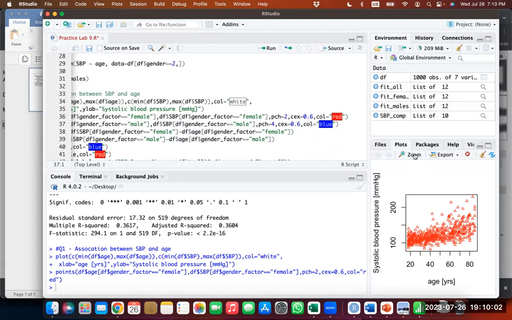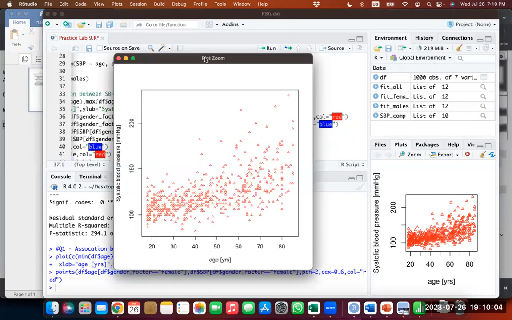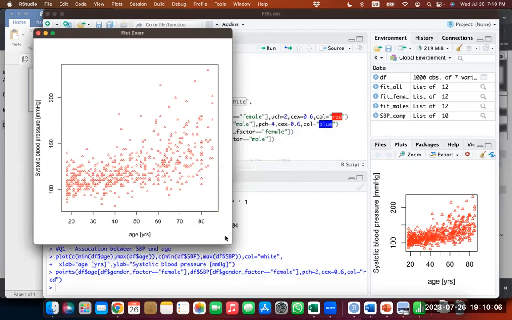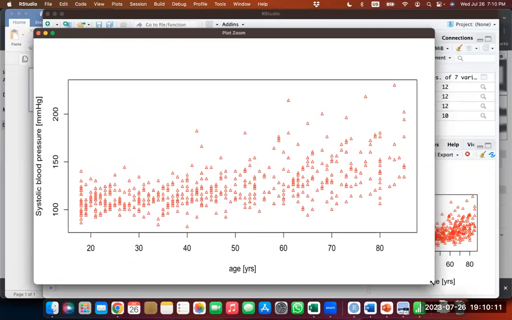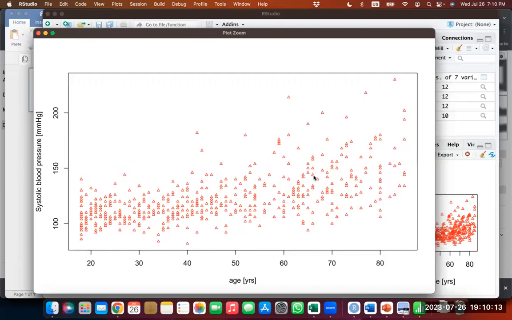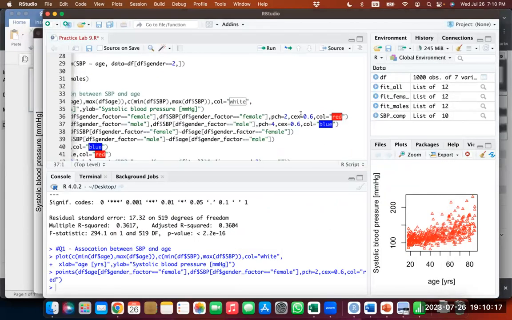So if you zoom out a bit, we have basically now the females depicted with red triangles. You can actually play around here a bit with it. PCH changes the point, so it changes the shape of the point. So feel free to play around and use a different shape.